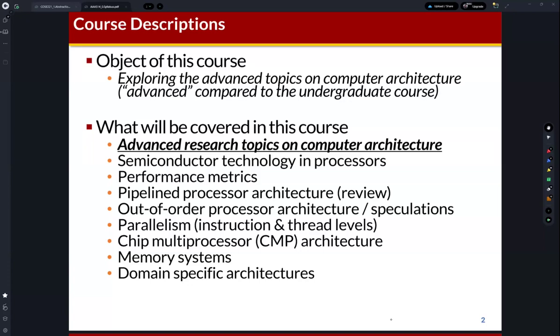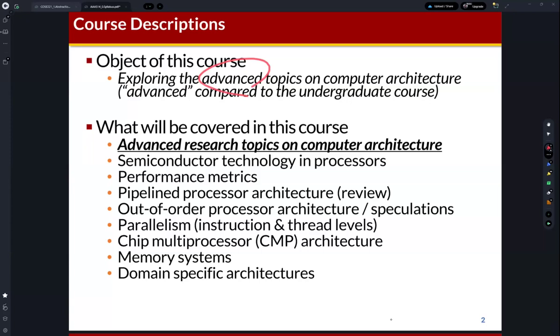The objective of this course is exploring the advanced topics, as you can see, advanced compared to the undergraduate course. Advanced topics on computer architecture, and I will cover these topics in this course.